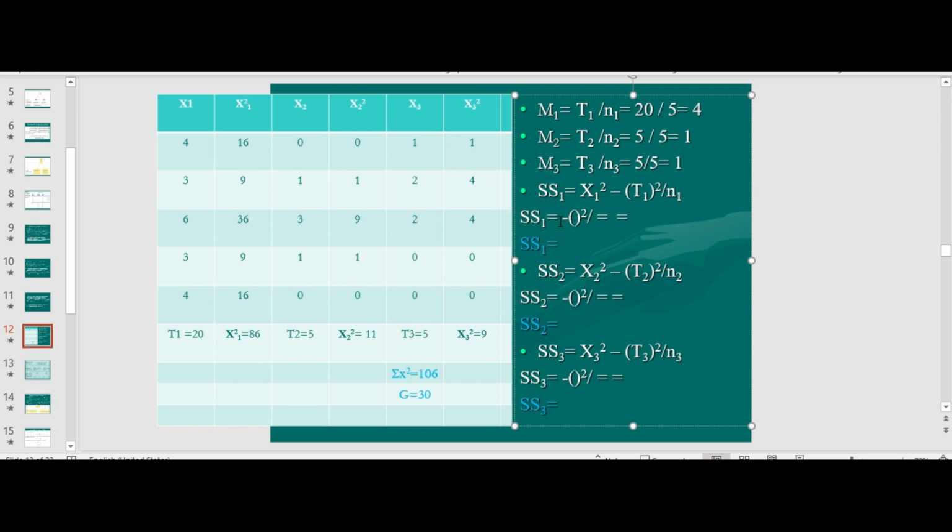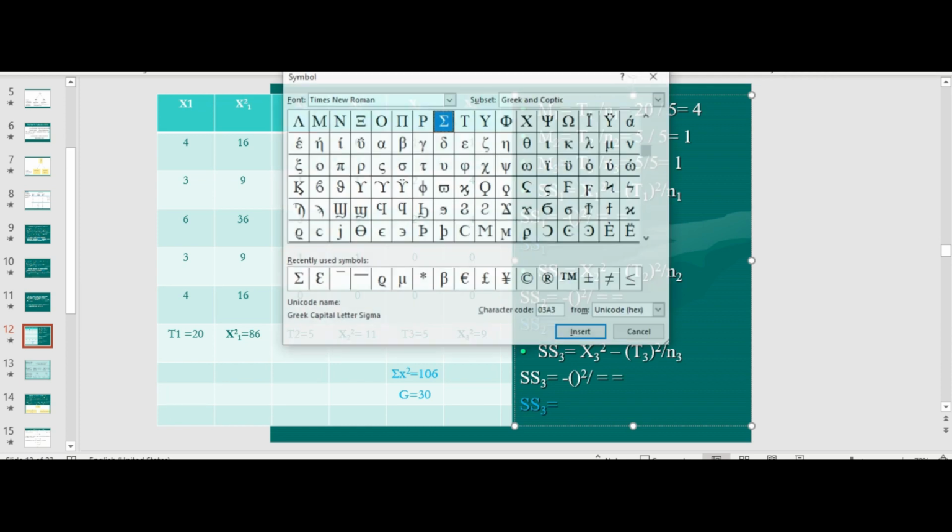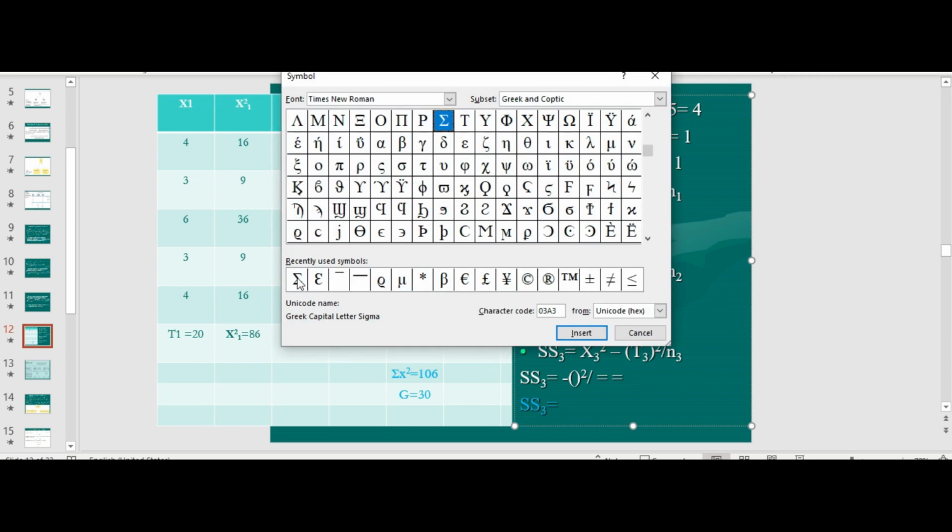तो SS1 को कैलकुलेट करने के लिए हमारा फार्मूला है summation x square minus T square divided by N. These are the symbols. This is the summation.